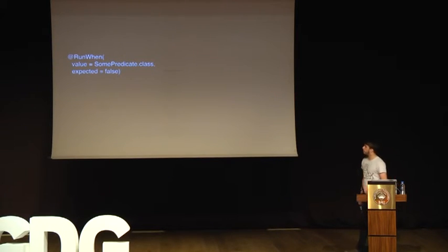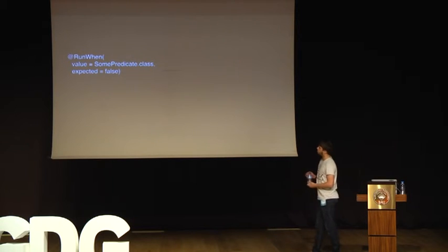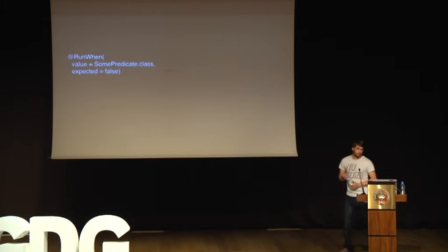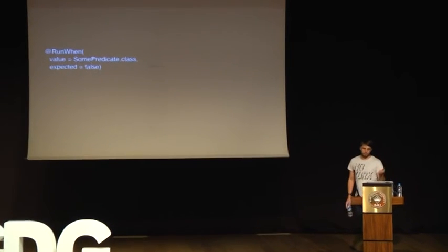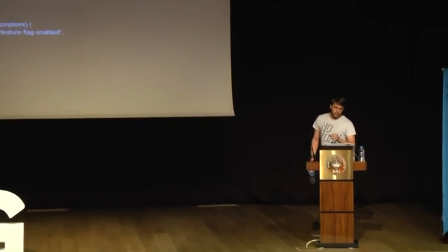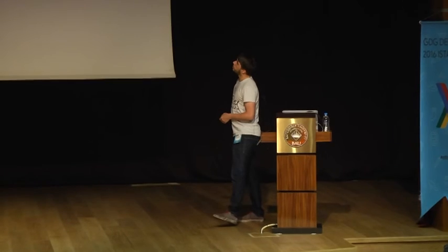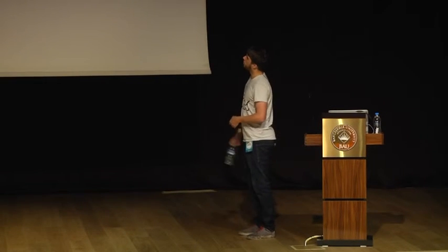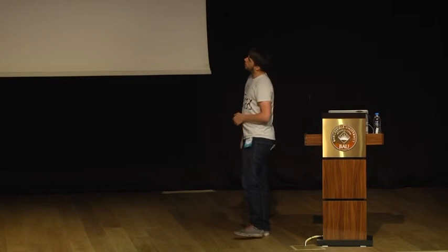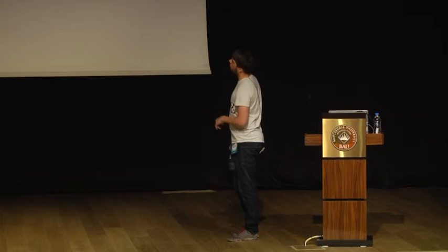So we have this really nice annotation, which is run when. Basically it takes a predicate as a value and a Boolean, so if you expect this test to run or not. I mean, if you expect the predicate to return true or false. And here is how a predicate could look like. So, some feature flags enabled, and you have two functions to write.